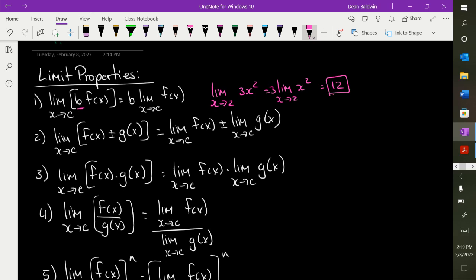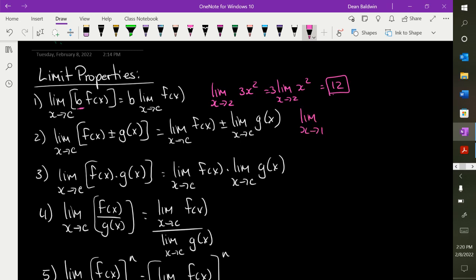You can also break up limits that have addition and subtraction in them to those individuals. So they write that as limit of f of x plus or minus g of x is equal to the limit of f of x as x goes to c plus or minus the limit of g of x as x goes to c. For example, most of the time you don't do this, only in specific cases.